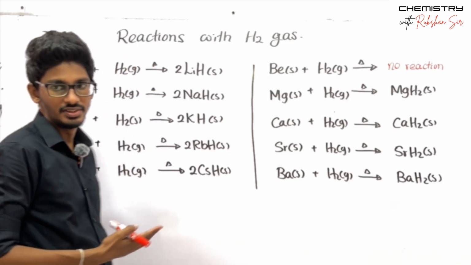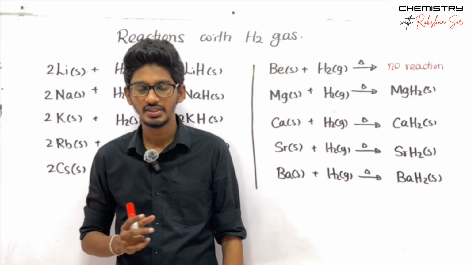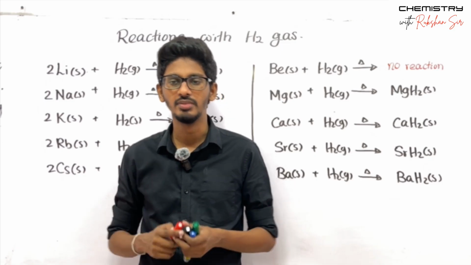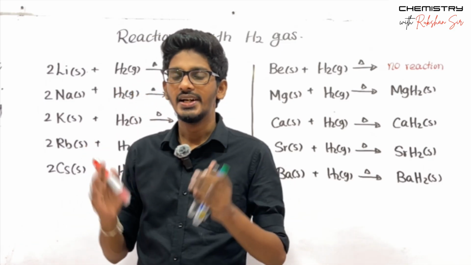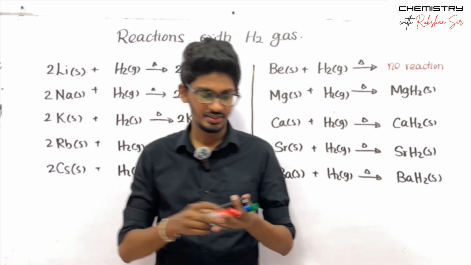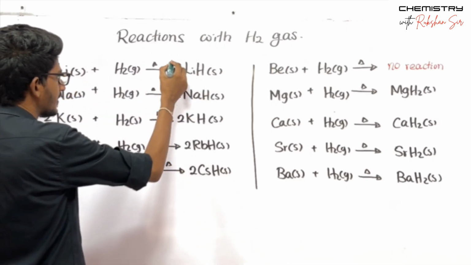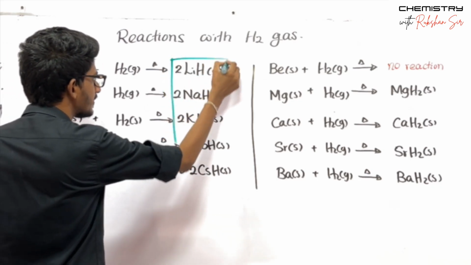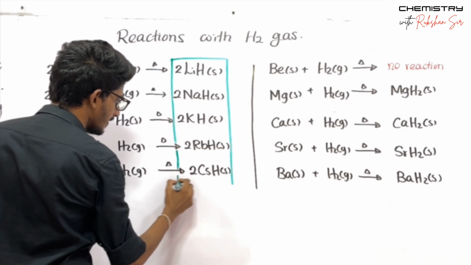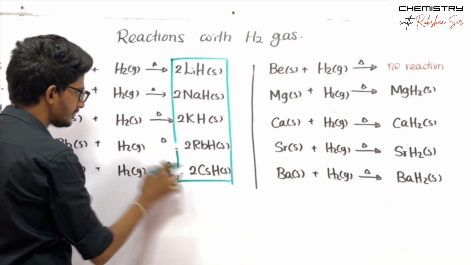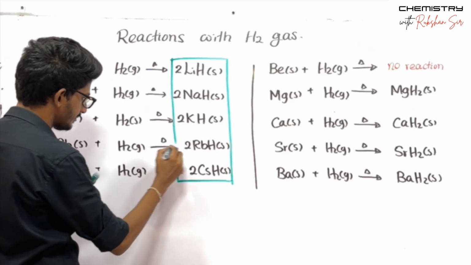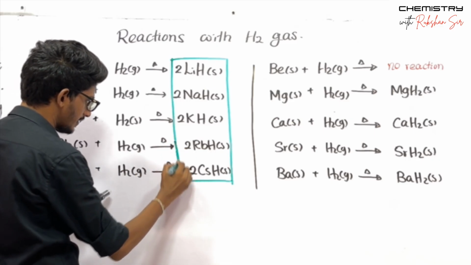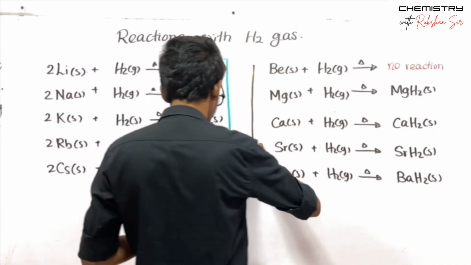When we discuss the special things about these hydrides, the major special thing is that all of these s block hydrides, other than beryllium, which won't form normally, are considered as ionic hydrides. That is very special.